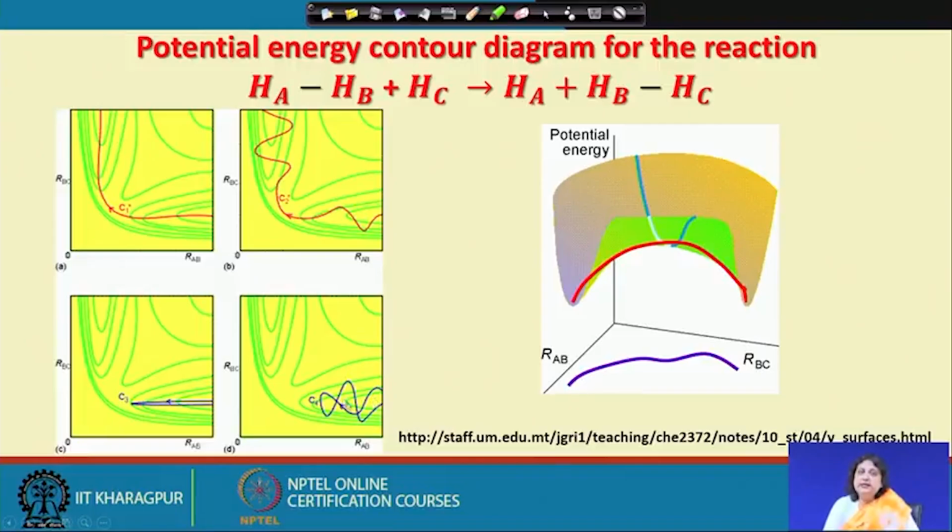Now, once it is near this saddle point, so the saddle point is this region, it has two options. The first option is, okay, I will go from this lower energy value through this direction, through the saddle point and come here.